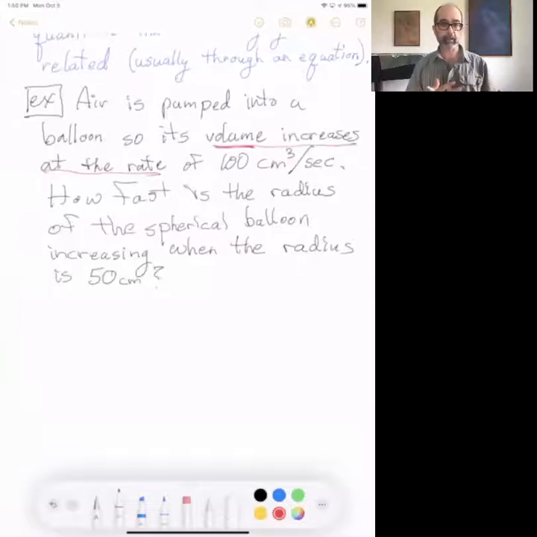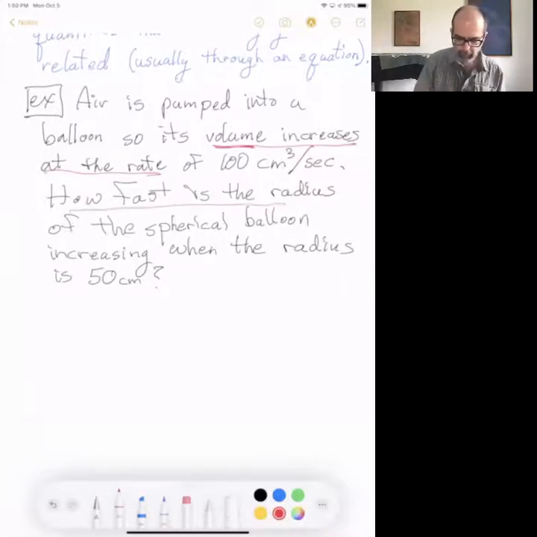If it was decreasing, that would indicate a negative sign was going to be needed. And then you talk about how fast the radius is increasing. So you want to make sure you look for key words that help you figure out, oh, that might mean a rate. How fast is something increasing? So it's increasing at a rate. That's kind of important to think about.